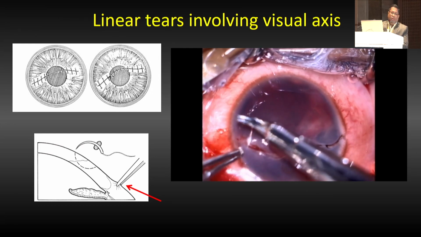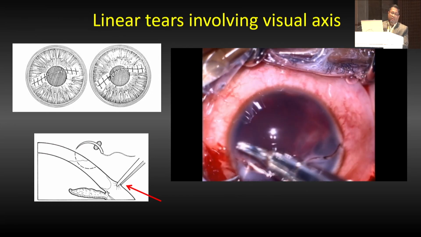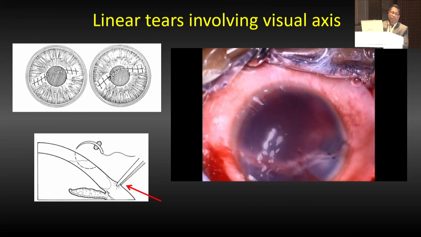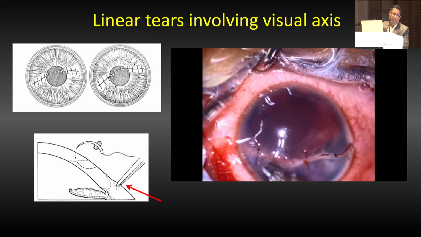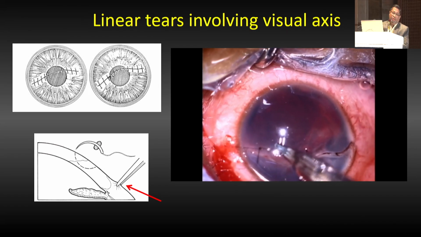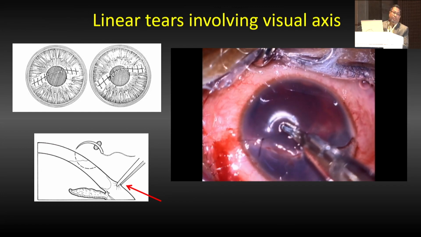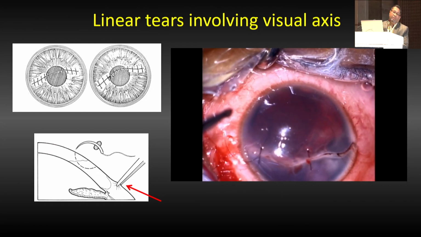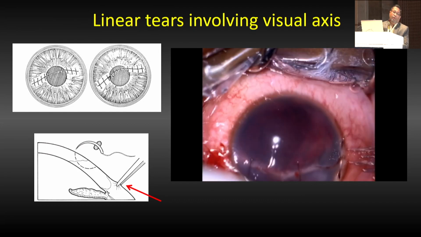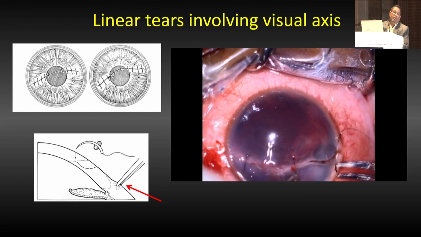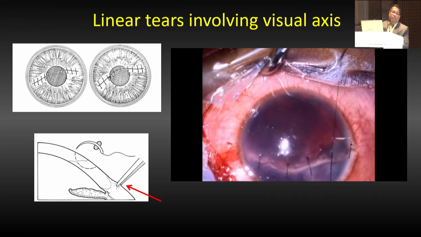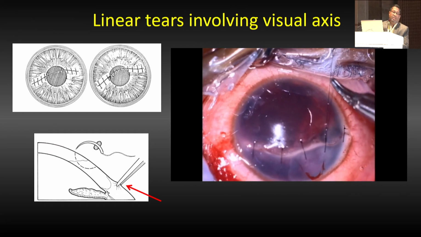The principle of no touch technique has to be followed in all these suturing cases. This is not an ideal case, I am showing it knowingly, to show what has to be done. To start with, we should have done a side port and put either pilocarpine if the lens status is seen clear, or viscoelastics, and then started suturing.